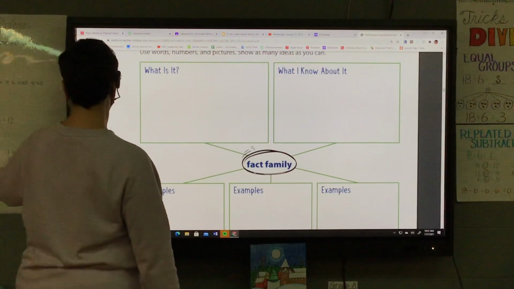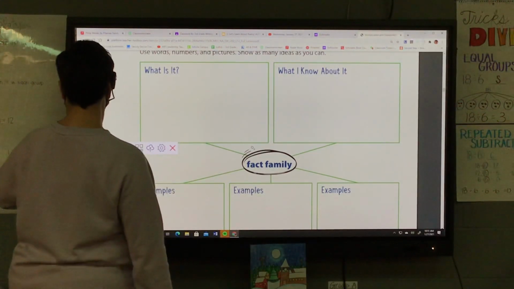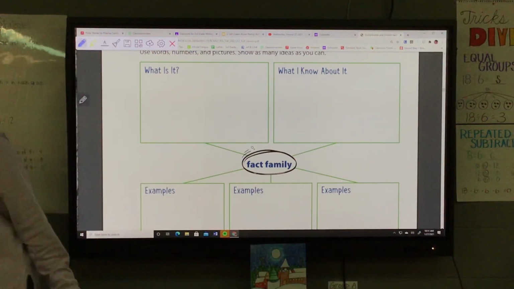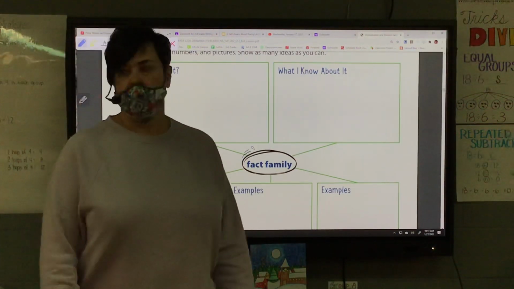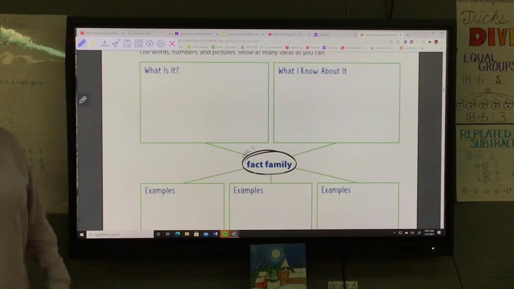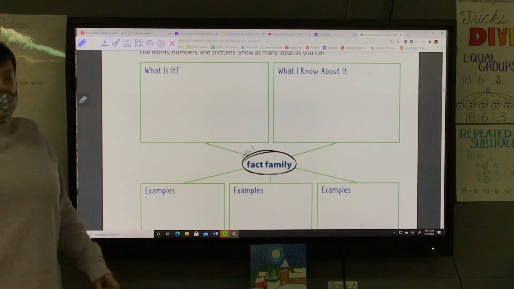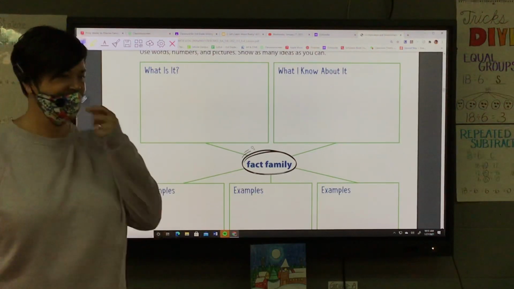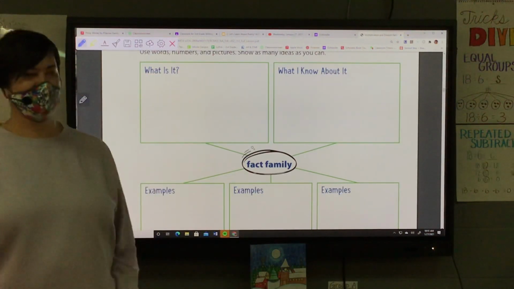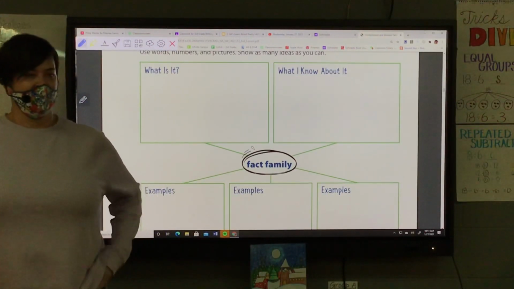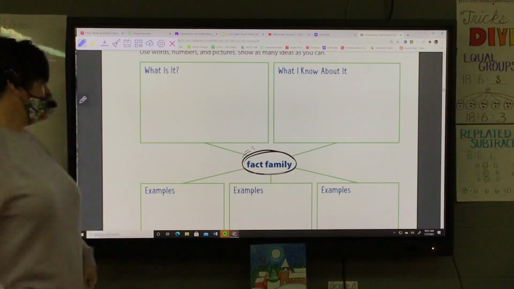Like 2 in multiplication and 2 in division. And also, they're all friends.